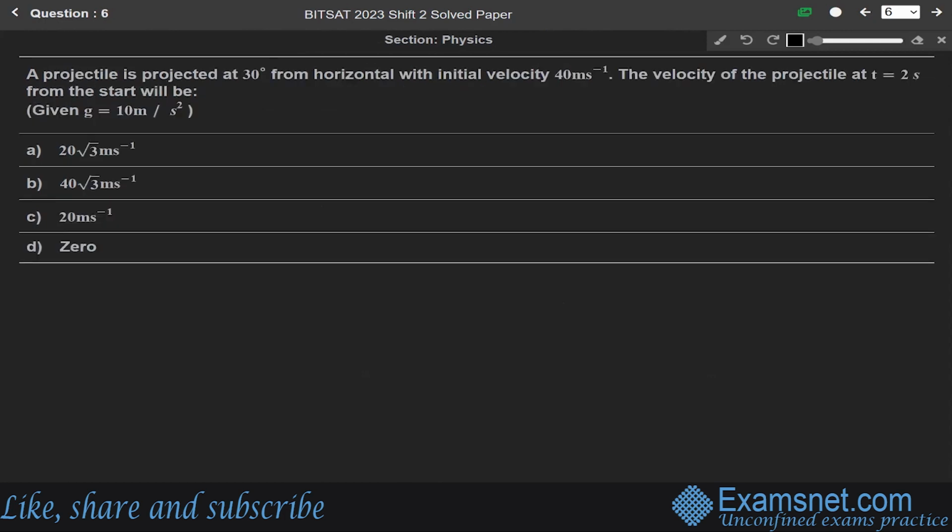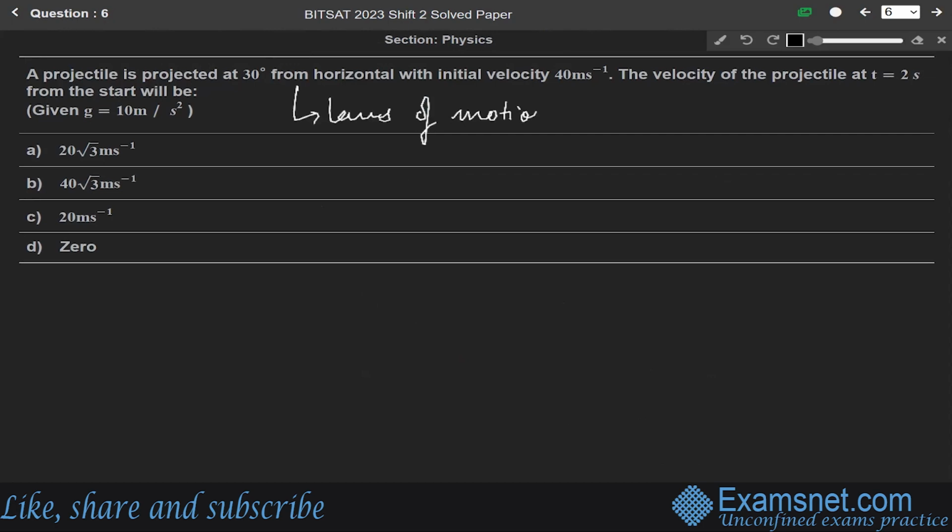Now next question 6. A projectile is projected at 30 degree from horizontal with initial velocity 40 meter per second. The velocity of projectile at t equals 2 seconds from the start will be. Okay, so first of all, this question is from the chapter of laws of motion.